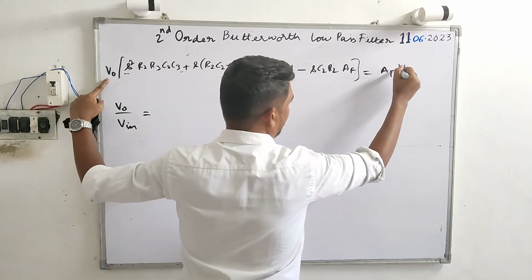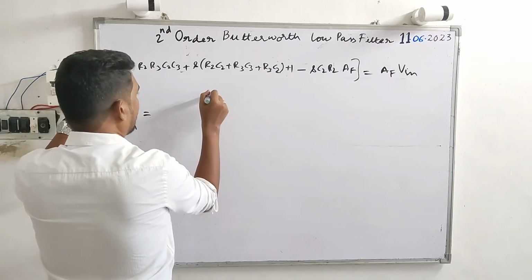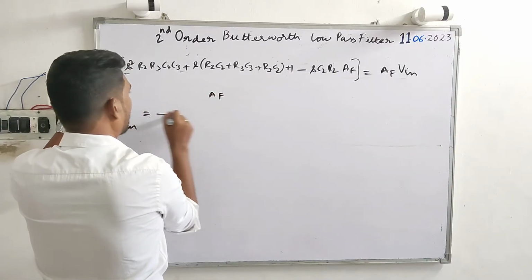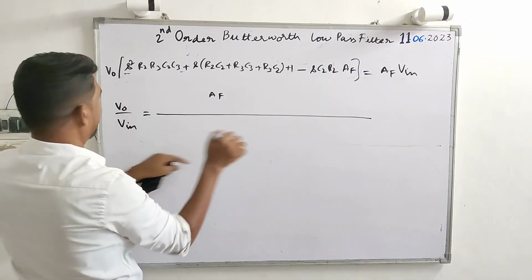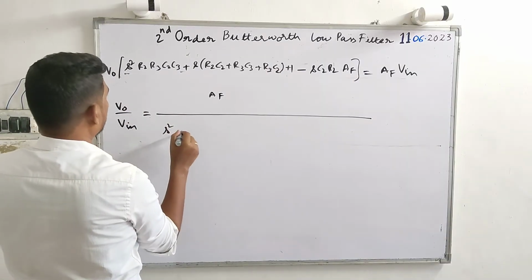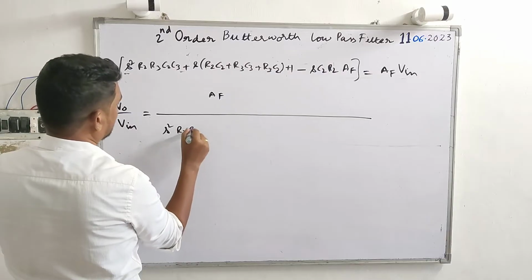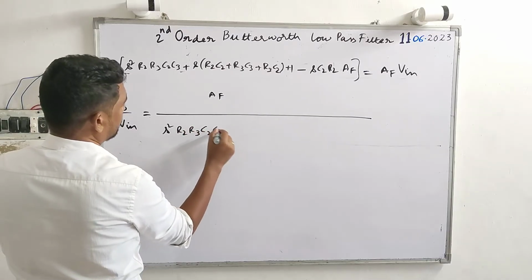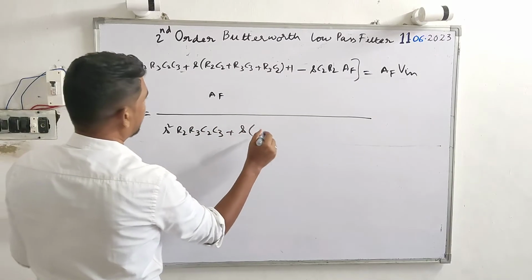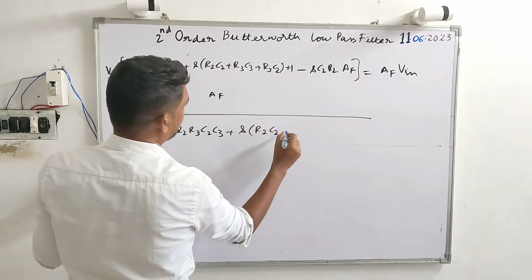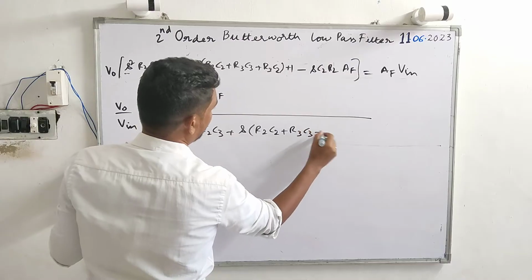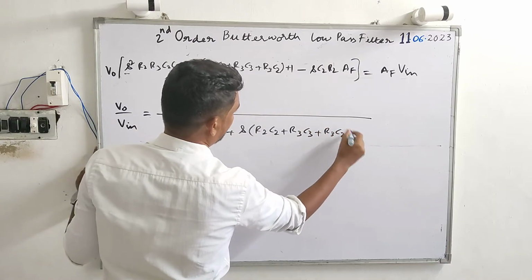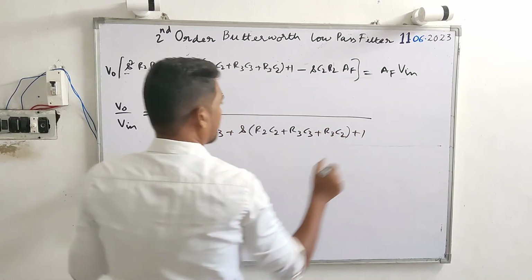So we have AF upon this one, this comes down as it is, S square R2 R3 C2 C3 plus S, open the braces, R2 C2 plus R3 C3 plus R3 C2 close the braces plus 1.